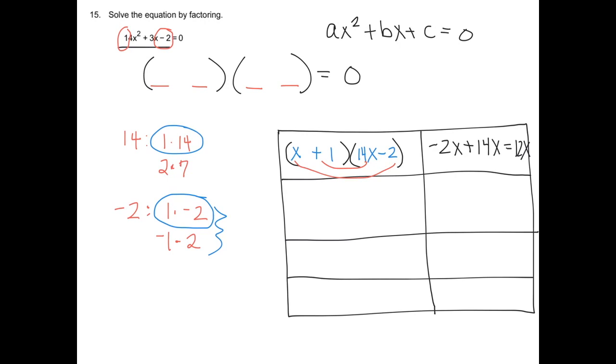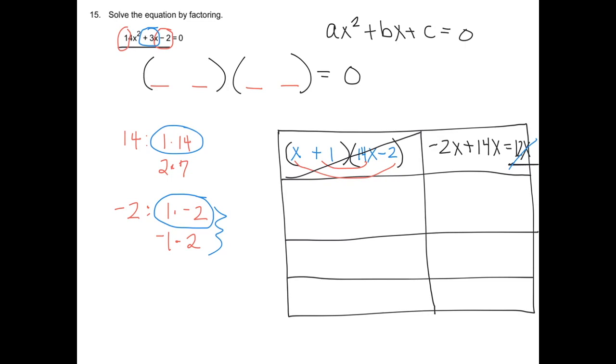If this set of parentheses is the correct set, then this term will equal the middle term in my original problem. But if we go back up to our original problem, I have a positive 3x in the middle term. So 12x does not equal 3x, so I know that that combination of pairs will not work.